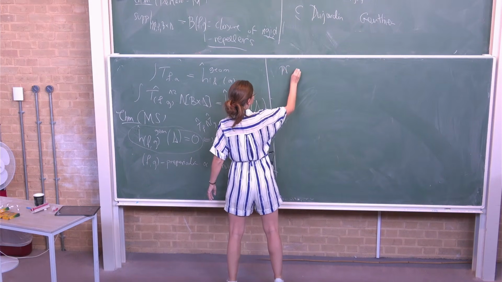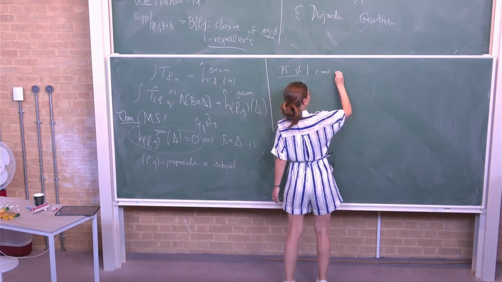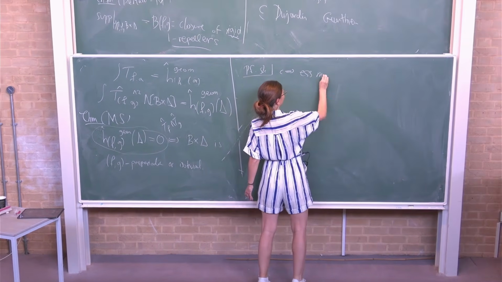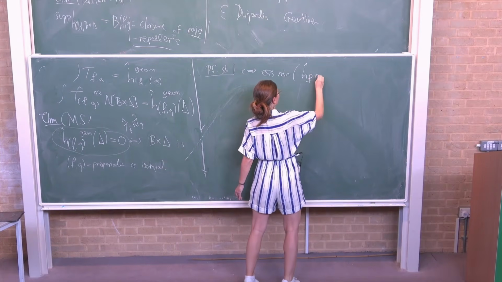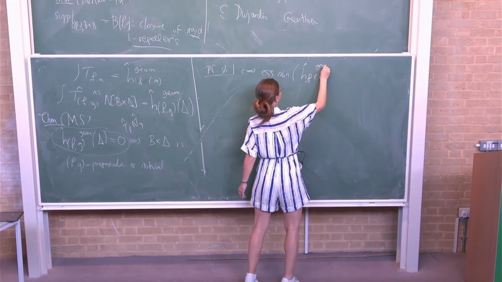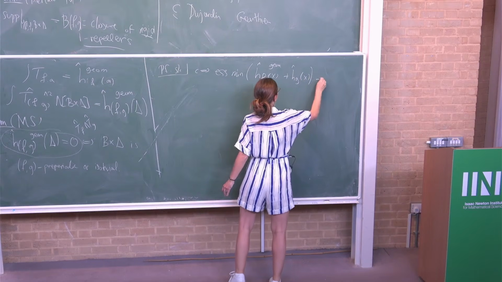Proof sketch: everything is equivalent to the essential minimum of the sum of these geometric heights being zero.